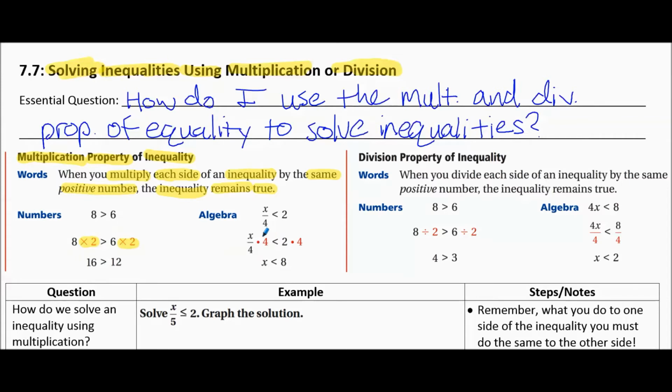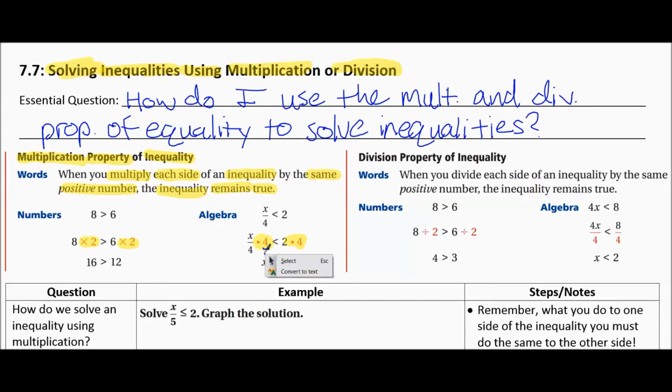Using the algebra, x divided by 4. I don't know if you guys remember this, but the inverse operation of division is multiplication. So we're going to multiply both sides by 4. And that's using the multiplication property of inequality. And when we do that, if you remember way back when we talked about this, it's like multiplying by a fraction, 4/1.